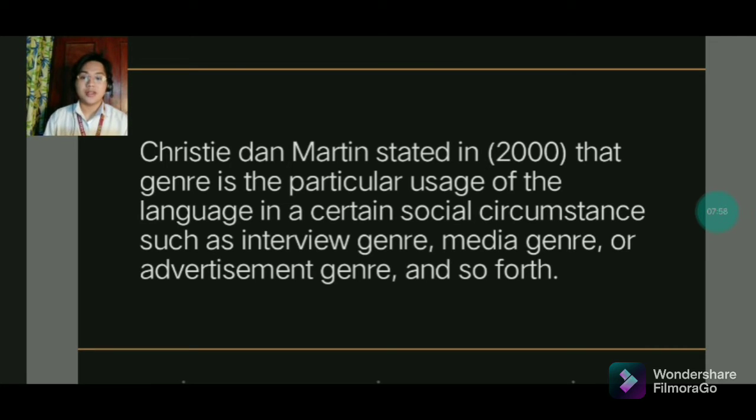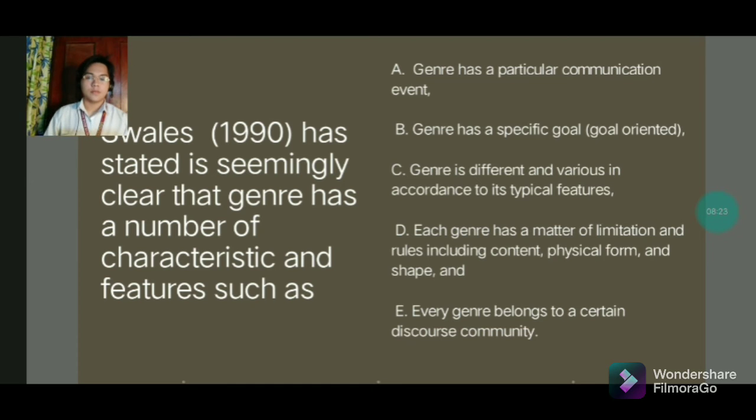Hereafter, genre is defined as the use of language by means of a typical and specific way in order to achieve a specific goal. By this context, it seems that the most important thing to keep in mind is that genre is a kind of text, either oral or written.